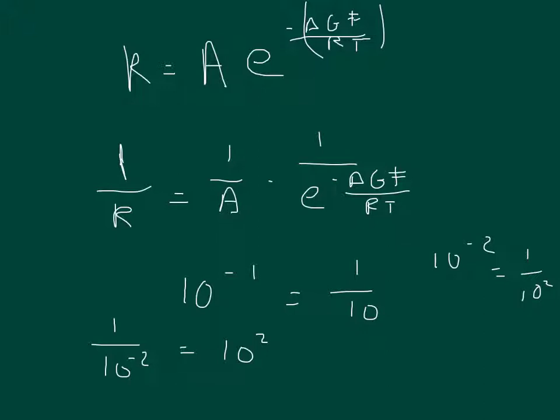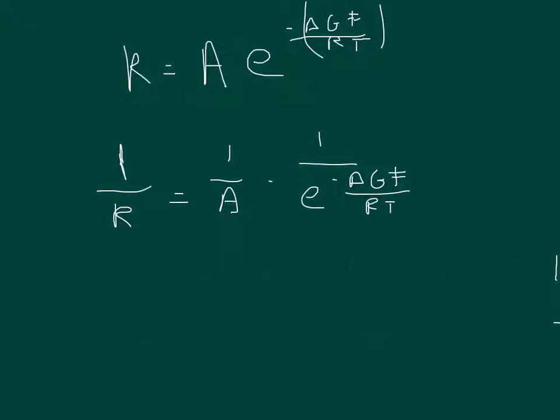There's a very simple mathematical proof for this, but this is also something you should have learned in a pre-algebra or algebra class, which is basically properties of exponents. We're going to use that rule right here with e to the negative delta G transition state.